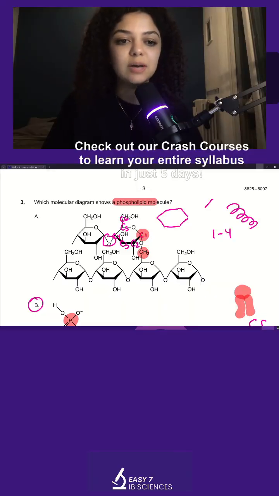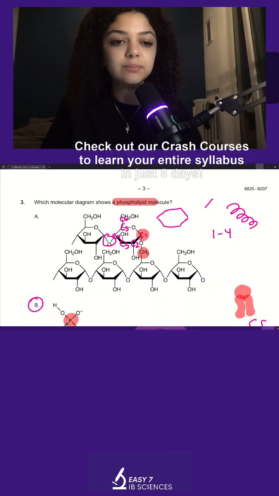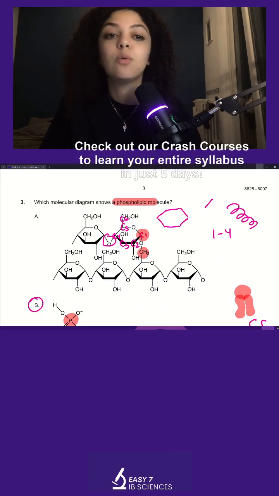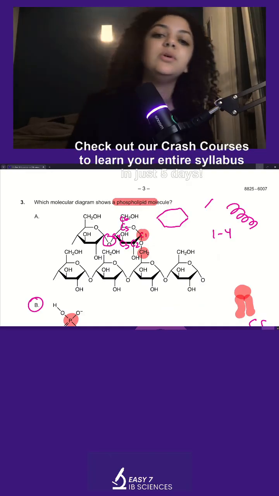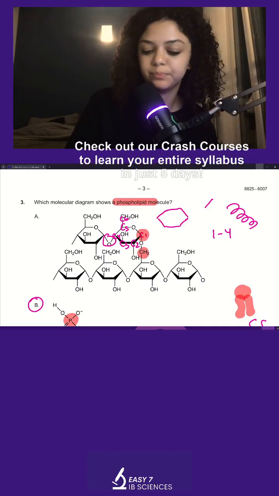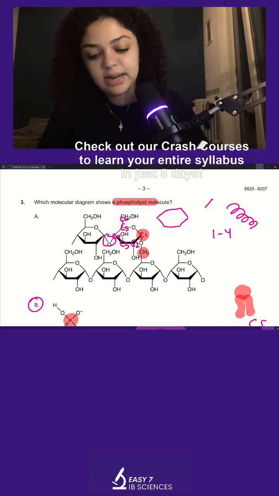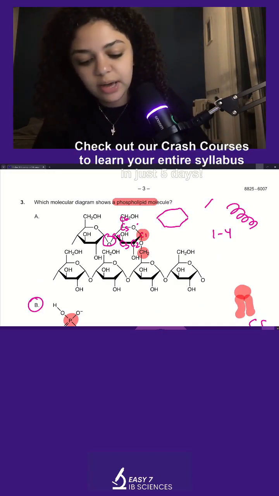So if they ask you in your IB exam what type of bonding is between carbon 1 and carbon 6, or what type of bonding causes branching, then we know for sure it's 1 to 6 bonding. That's the bonding that causes branching. Okay, nice, guys. And how do I know that this is my carbon 1? You always count to the right of your oxygen.